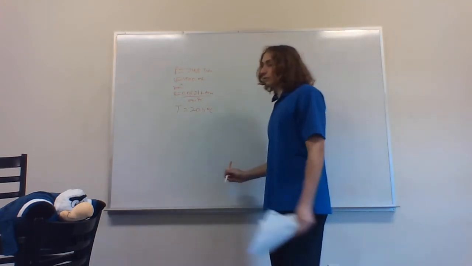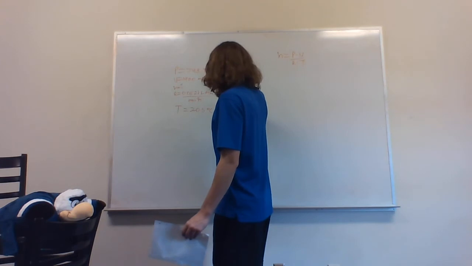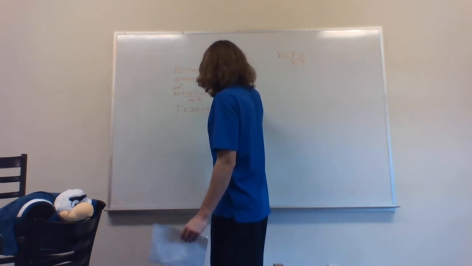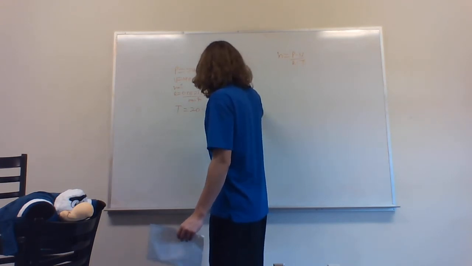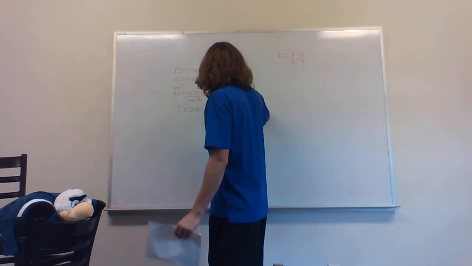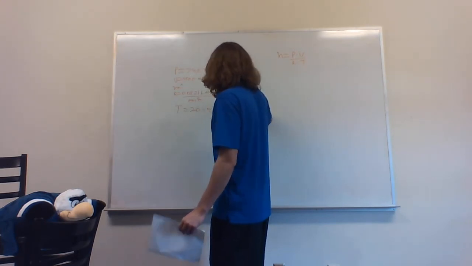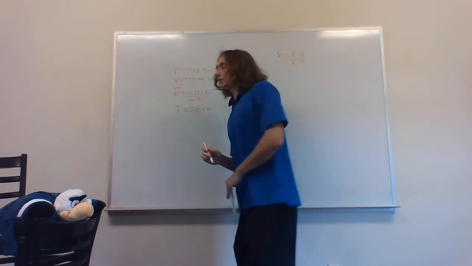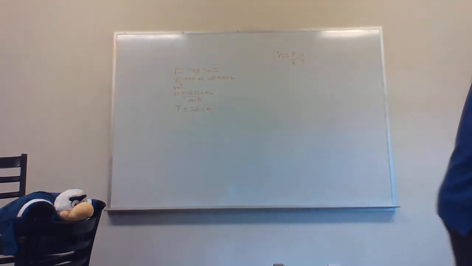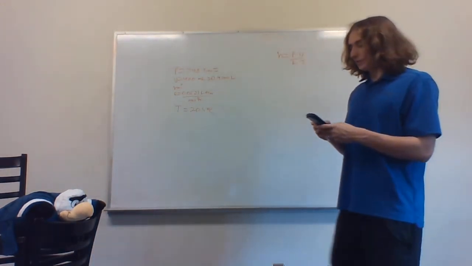So converting 400 milliliters is the easy one. 400 milliliters is 0.400 liters. 748 torr, let me get a calculator for this.